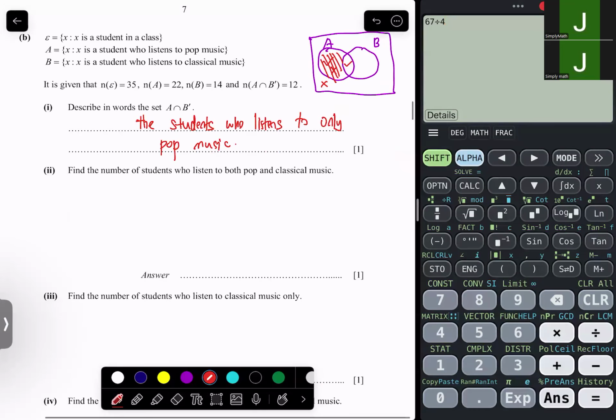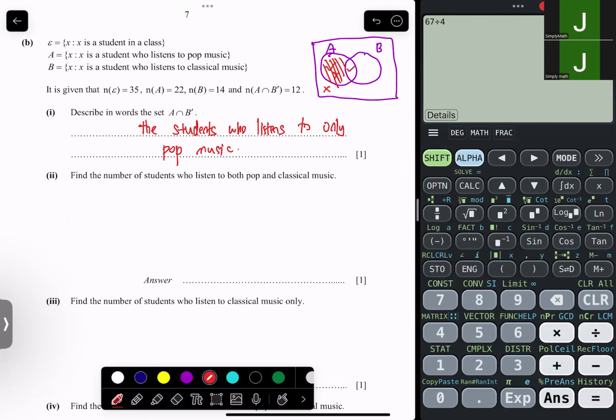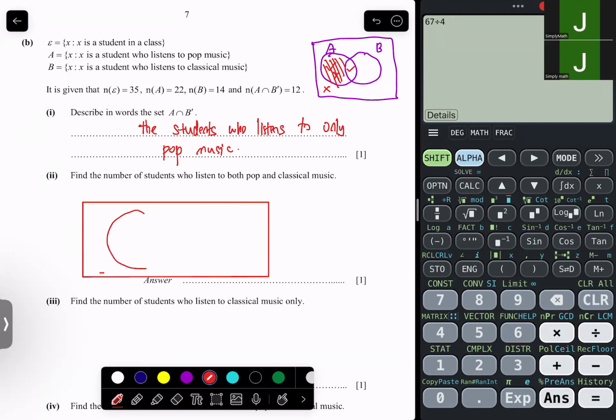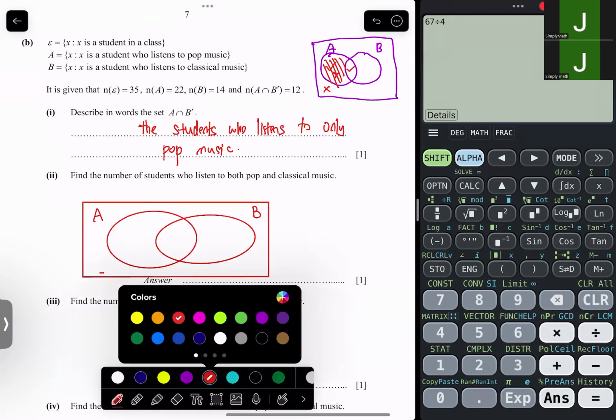Now, part 2. Find the number of students who listen to both pop and classical. Okay, we need the same diagram again, but this time we're going to draw it a little bit better. We know that there are two groups of people down here, A and B, not necessarily circles.